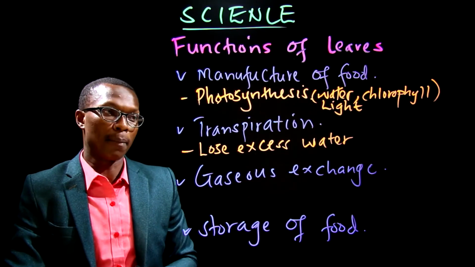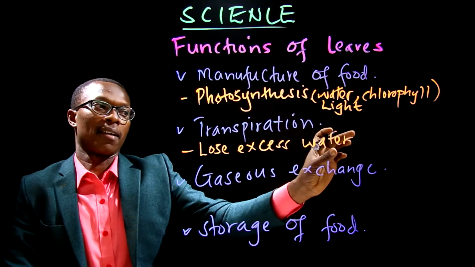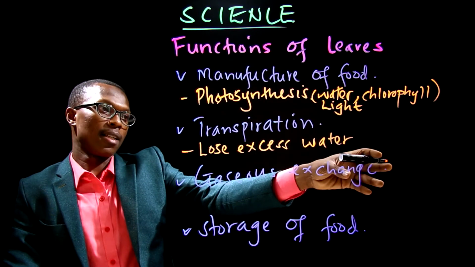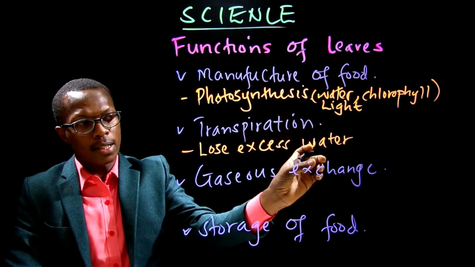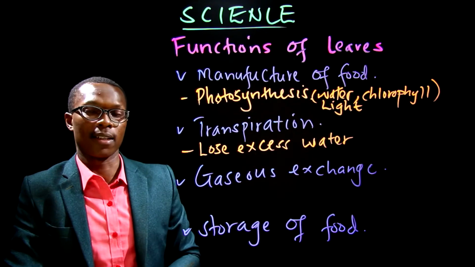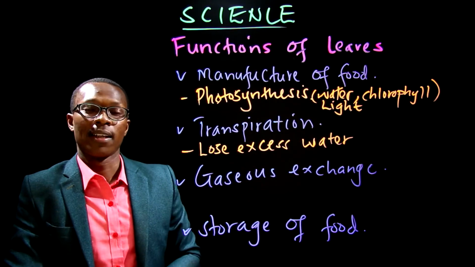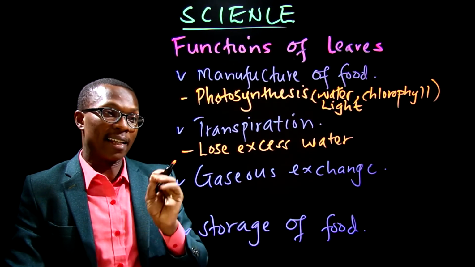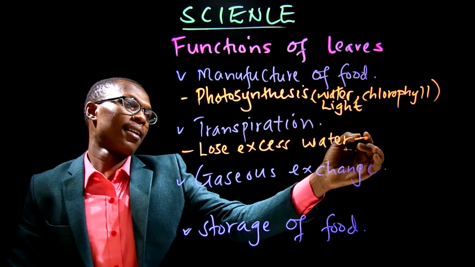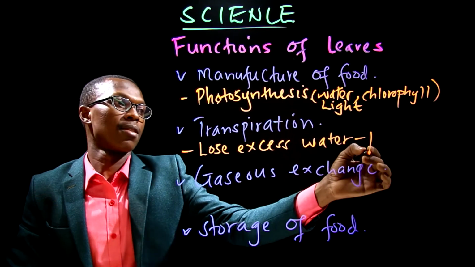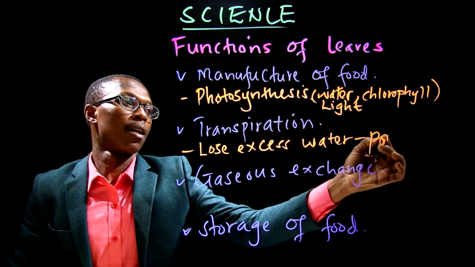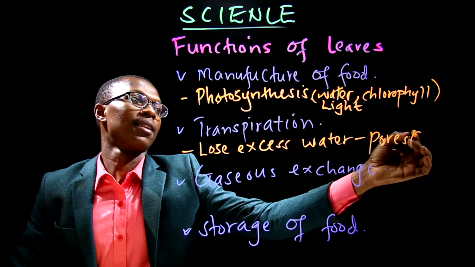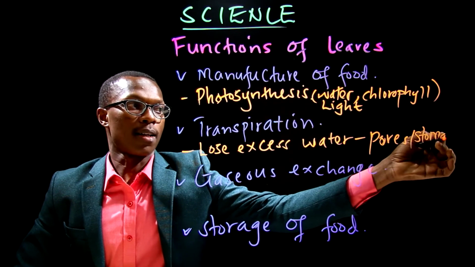Now, how does this happen? Let me just pose an image here. You can see how transpiration takes place. You can see there are some water droplets. Those water droplets come from the leaf. There are small holes. We can call them pores, or we can call them stomata.